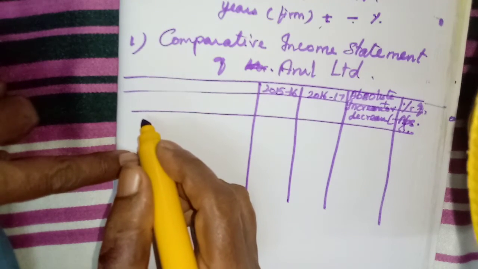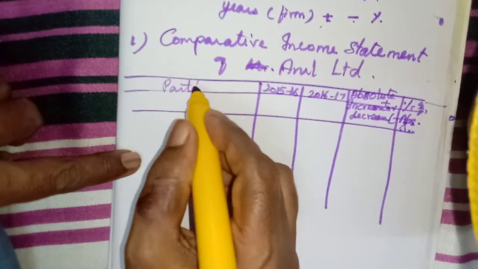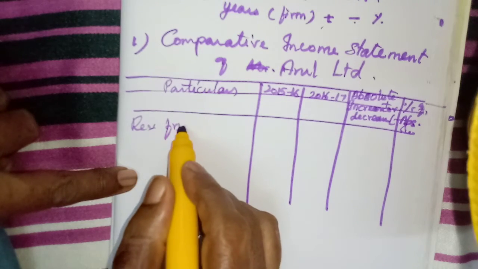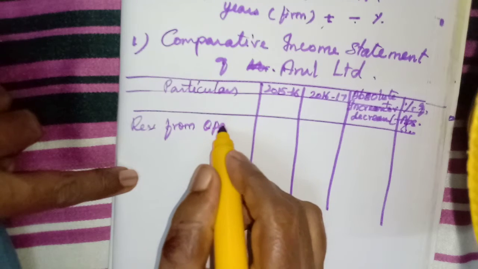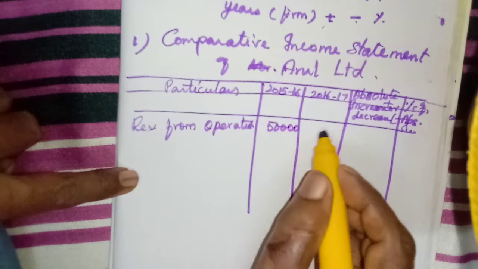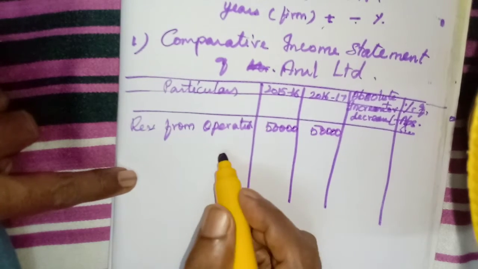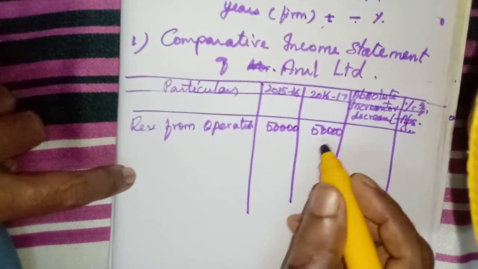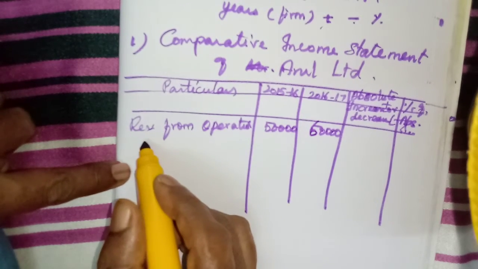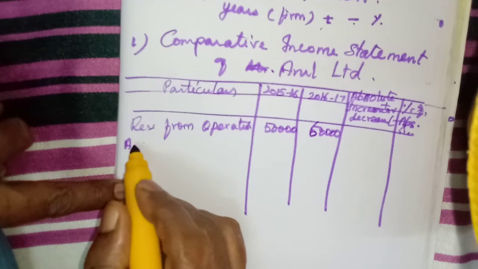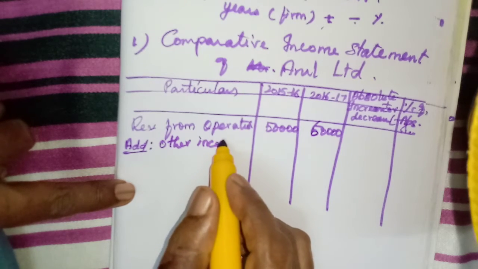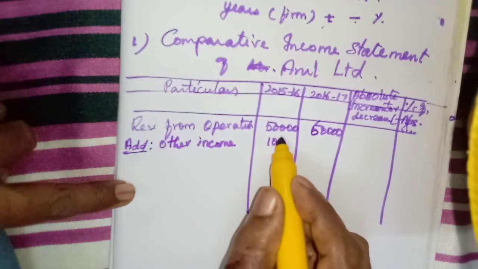So first one, revenue from operation. Write it fully. 50,000, 60,000. Then add other income, 10,000, 30,000.